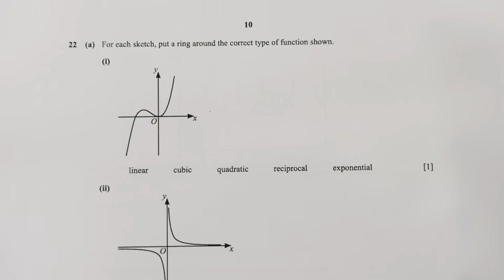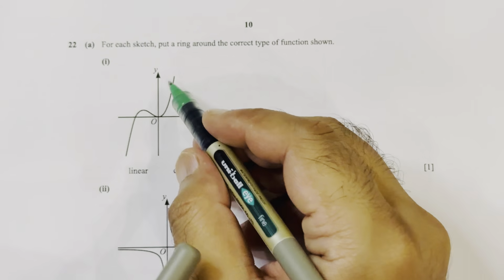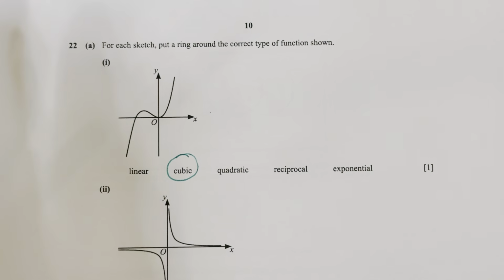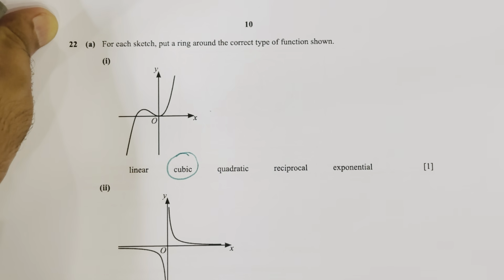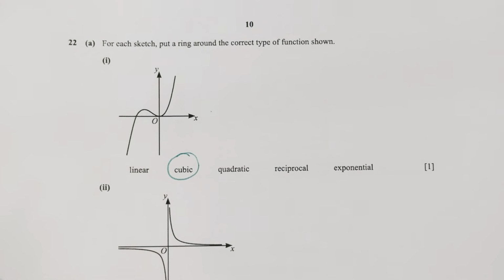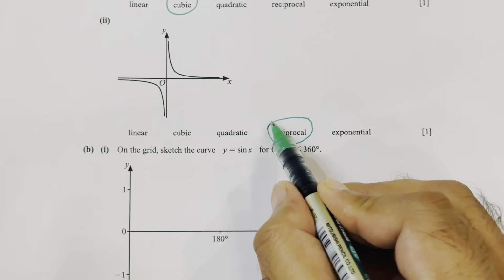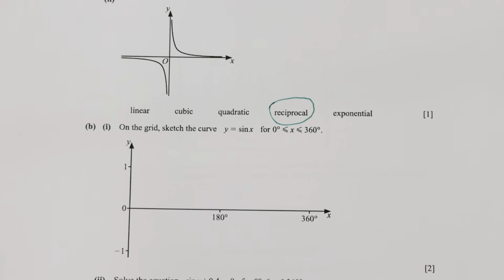For each sketch, put a ring around the correct type of the function. We know that this is the cubic function. Graph like that is a cubic function, and the graph from the second part, we know that this is a reciprocal graph. So over here I'm gonna put a circle over here.